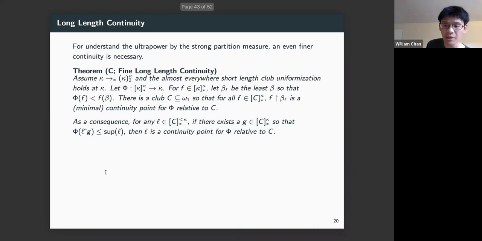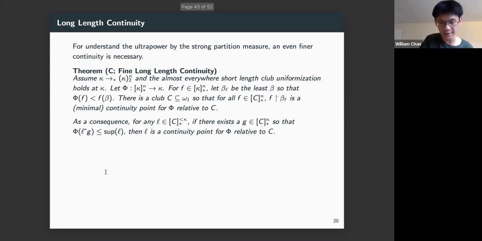Then you can find some club C so that for every f passing through C to the kappa, f restricted to beta f is actually a minimal continuity point for phi relative to C. And using this, we have as a consequence that for any bounded sequence L in C to less than kappa, if you are able to find any G passing through C to the kappa so that phi of L followed by G is less than or equal to the sup of this bounded sequence L, then we will know for sure that L is a continuity point for phi, at least relative to this club.